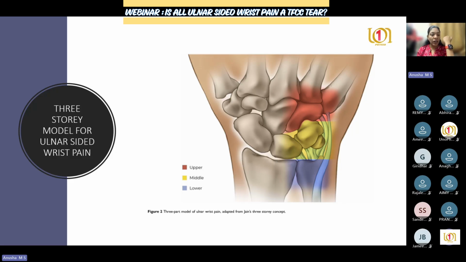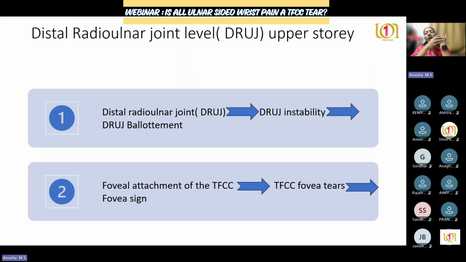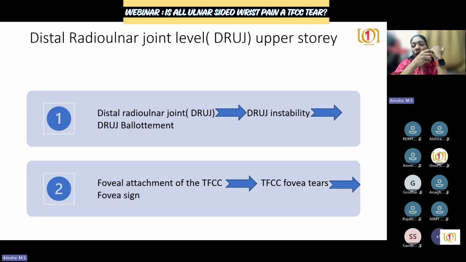I will explain it more. We will first go with the upper story, that is the distal radio-ulnar joint. It is a joint between the radius and ulna.